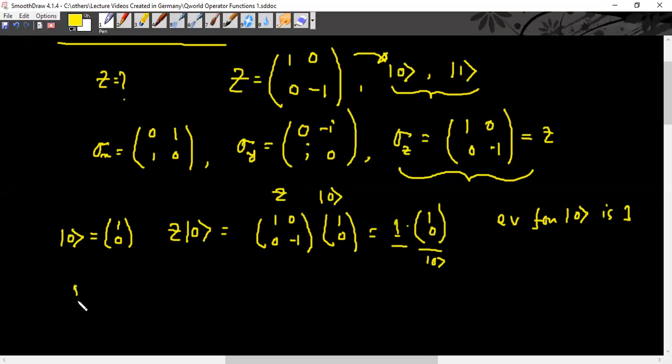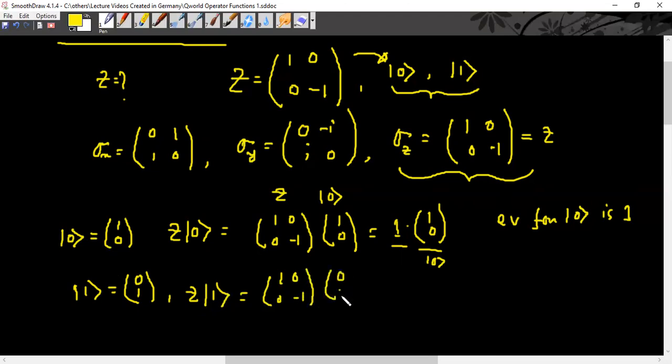And similarly, ket 0 and ket 1 are orthogonal to each other, so ket 1 will be 0, 1. If we apply the Z operator to ket 1, then 1, 0, 0, minus 1 times 0, 1, we get the eigenvalue minus 1 times 0, 1.